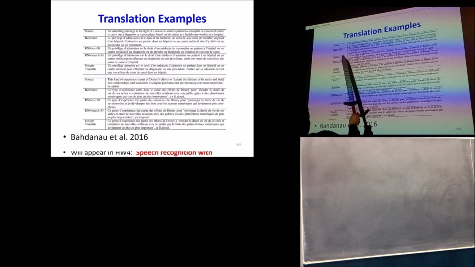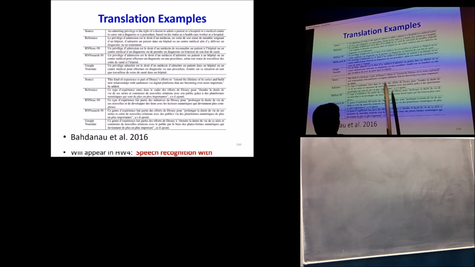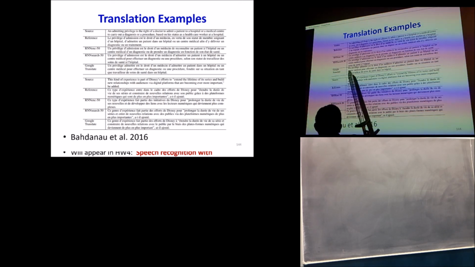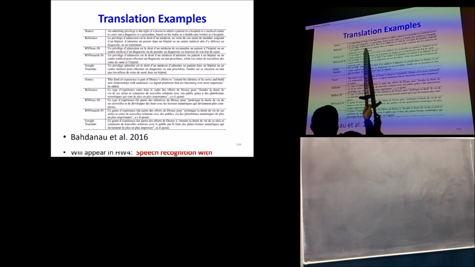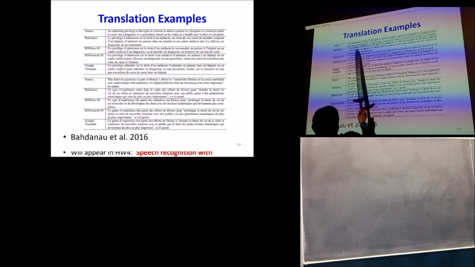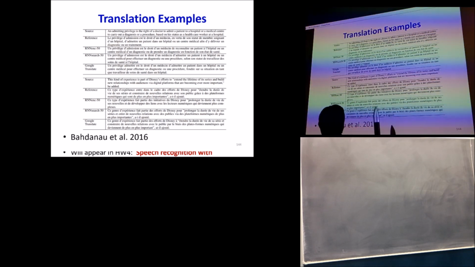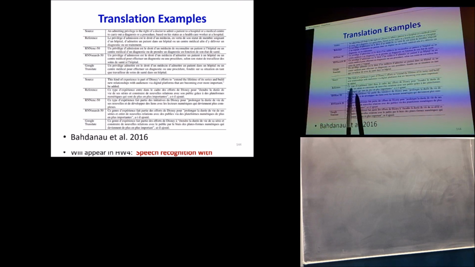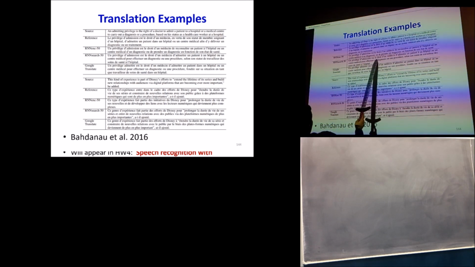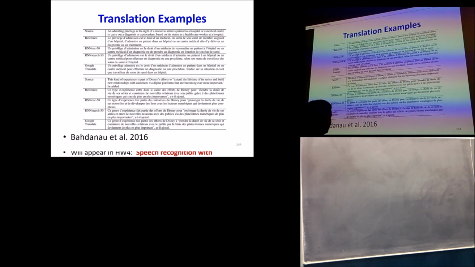But here is the source: admitting privilege is the right of a doctor to admit a patient to a hospital, etc. And if you look at the reference, which is presumably written by an expert, le privilège d'admission est le droit d'un médecin. If you look at these translations, you would find that their model actually produces very valid translations.